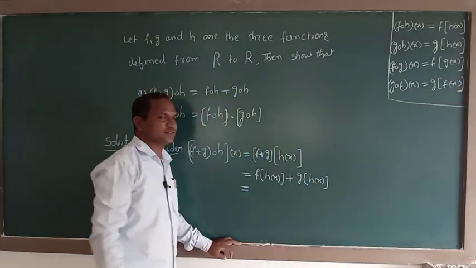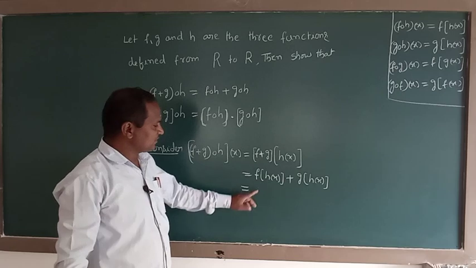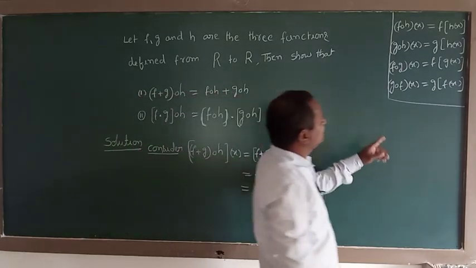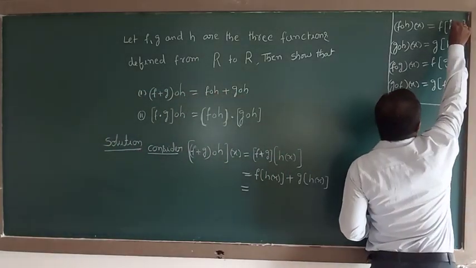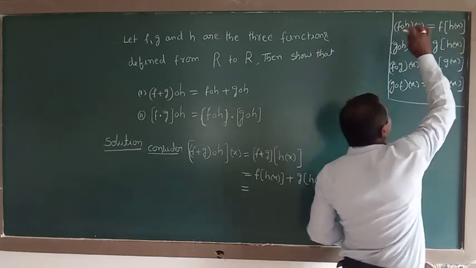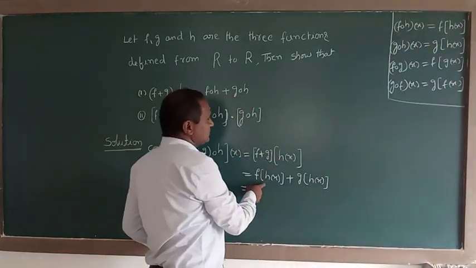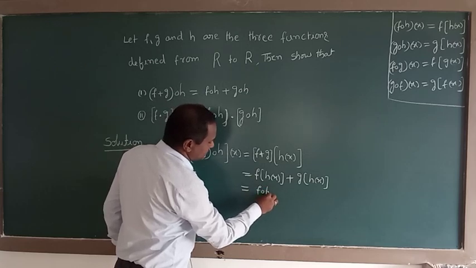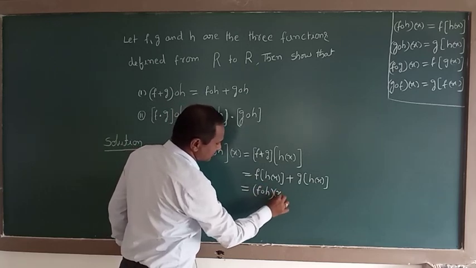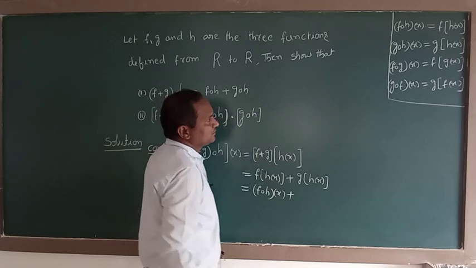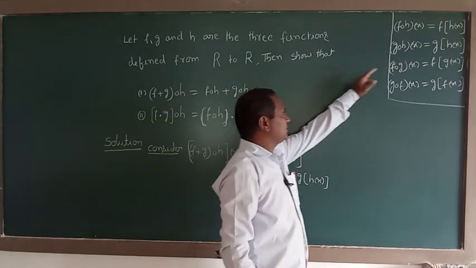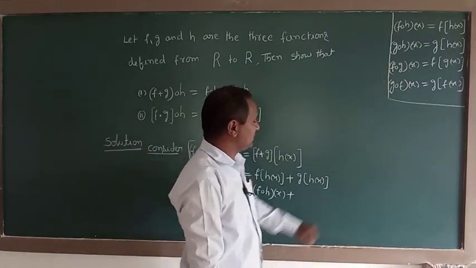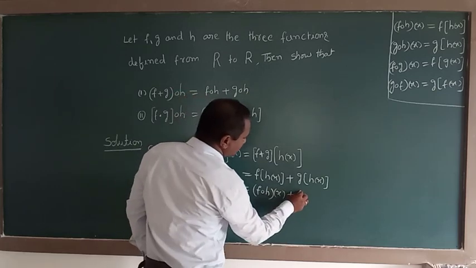First, f of h of x. Corresponding to f of h of x, what can we write here? F circle h of x. That's why instead of this we can write here f circle h of x plus g of h of x. Corresponding to g of h of x is g circle h of x.